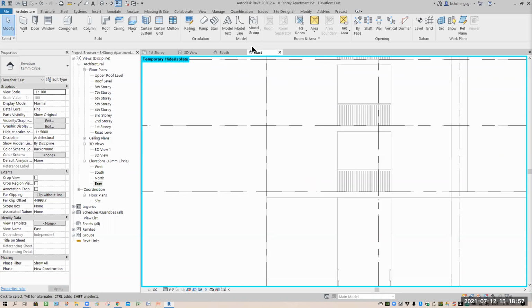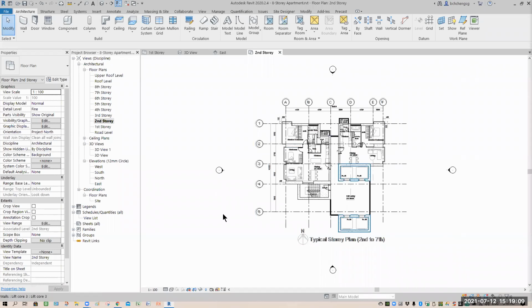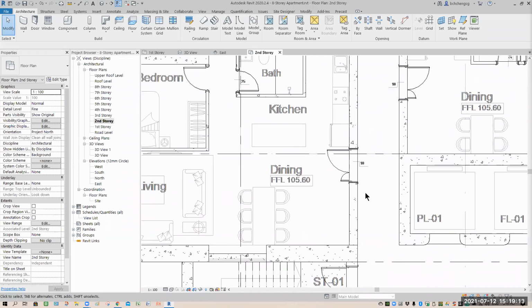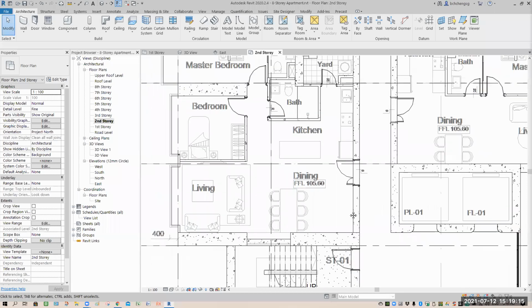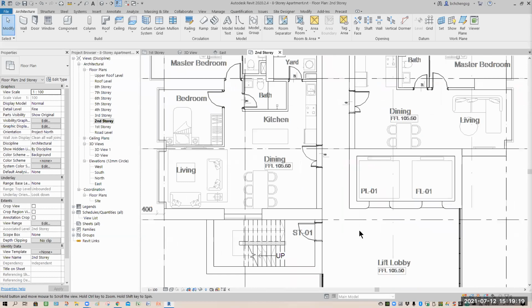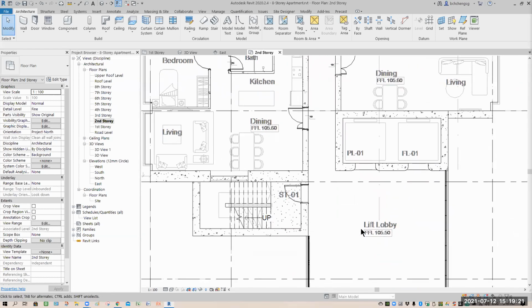All right. Now let me go back to my plan. Let's say second story. So why did I set it to 260? Because you notice here the level and the lift lobby level have a difference of an additional 10 mm.